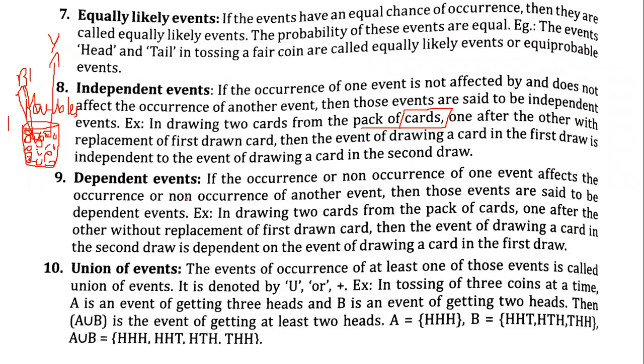I randomly selected a marble, put it back into the same bucket, and again chose another marble. So these are independent events in probability. Understood? Equally likely events and independent events. Any doubts until here?